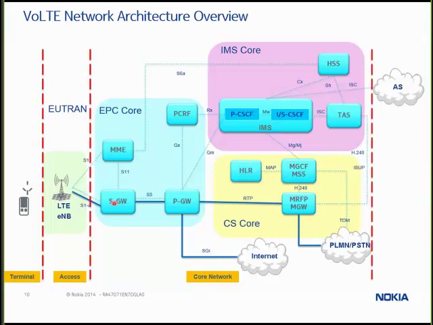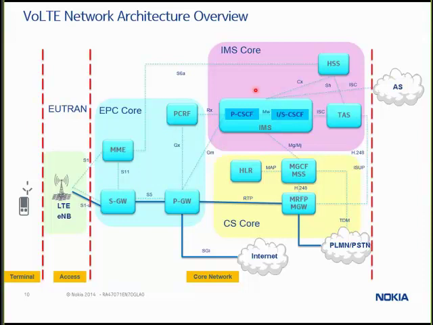Now, in the EPC core, that was where we already had it. We had the serving gateway, and we had the packet data network gateway, or PGW. We have our mobility management entity that allows us to have mobility. We had the policy charging rules function, which allowed us to set quality of service.